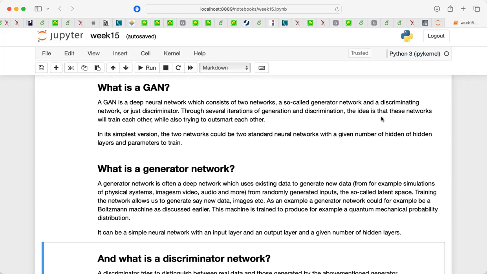And they do this by defining a two-player game of adversaries. The adversaries compete against each other under well-defined reward functions, and each player, in a sense, tries to maximize its rewards.